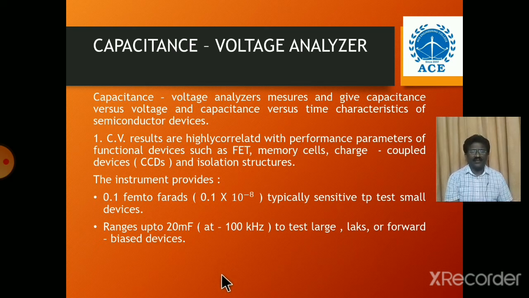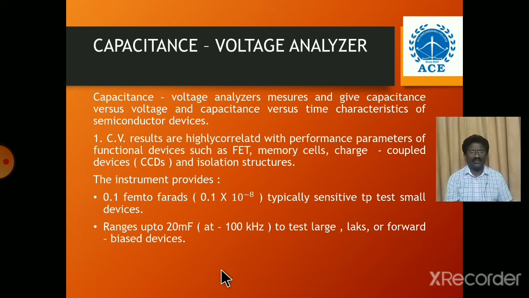So here capacitance voltage analyzers measure and give capacitance versus voltage, voltage versus capacitance, and capacitance versus time, and actually these are the characteristics of semiconductor devices.